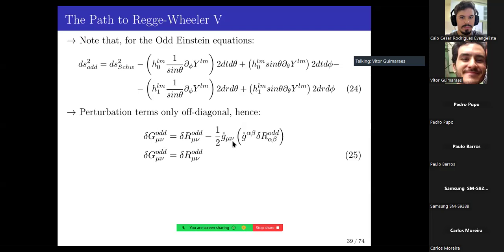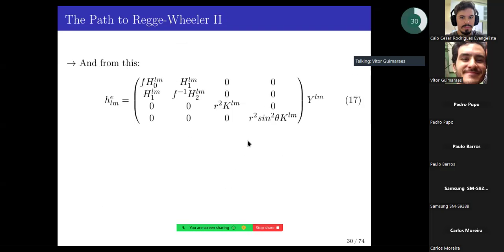Because the background metric doesn't have any off-diagonal elements. So even though this term has elements that are off-diagonal, this here will go to zero because the background metric is a diagonal matrix. The Schwarzschild metric is purely diagonal.